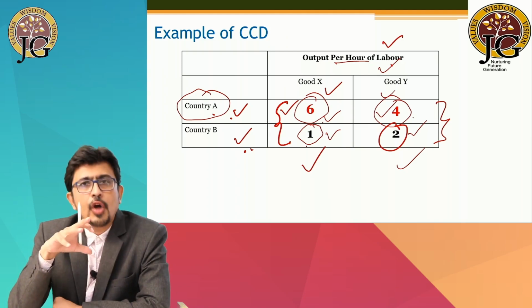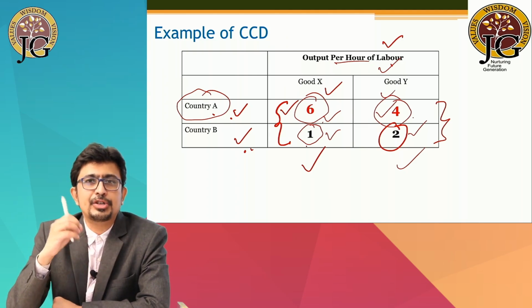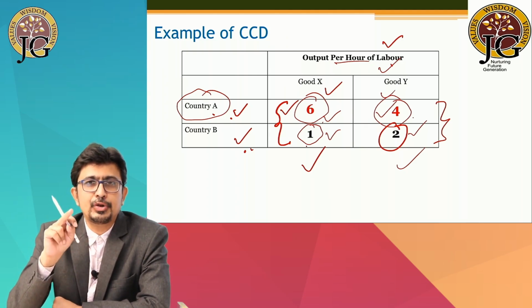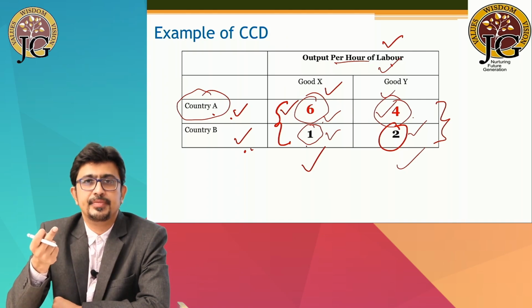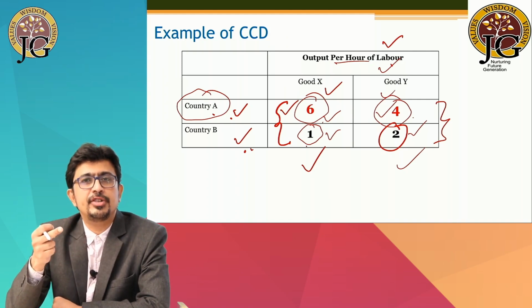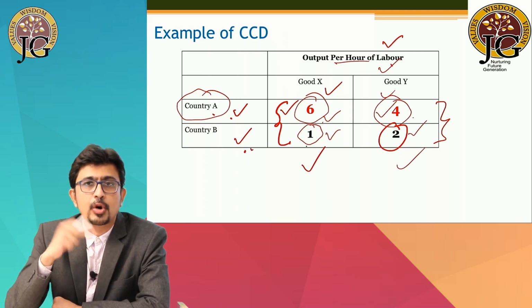Now, on the basis of this comparative cost difference, David Ricardo suggests that a country should export that commodity in which it has a greater comparative advantage. The other product in which the country has an advantage but comparatively lesser, that product should be imported.